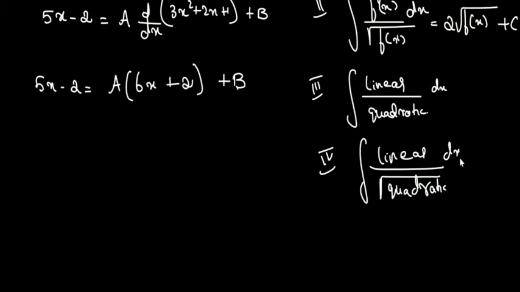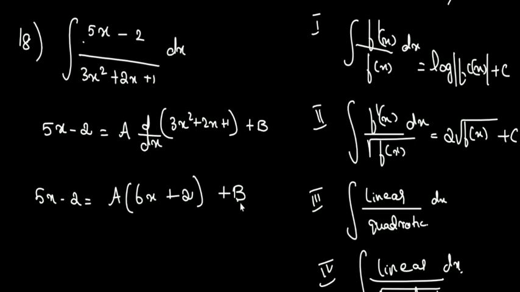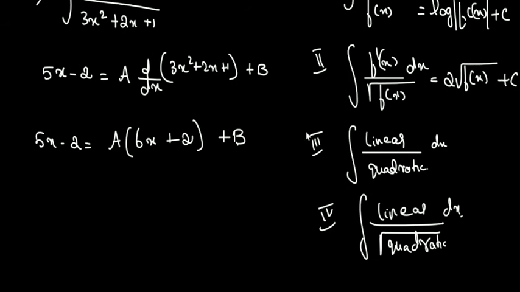Now we have to find the constants a and b. To find them, equate the x terms on both sides. So you get 5 is equal to 6a, so a is 5 by 6.